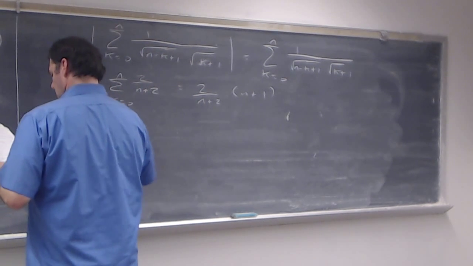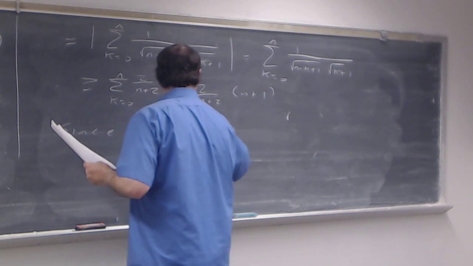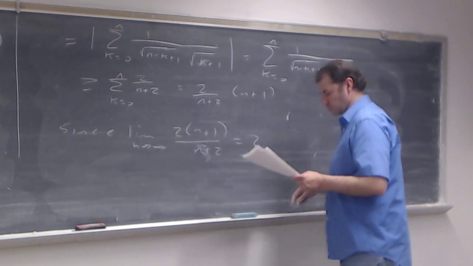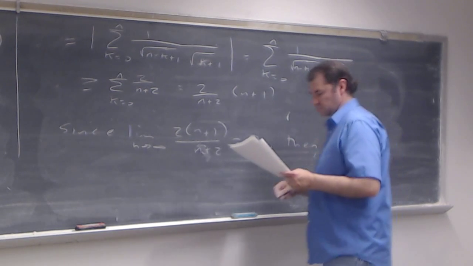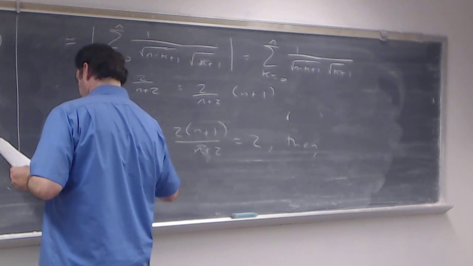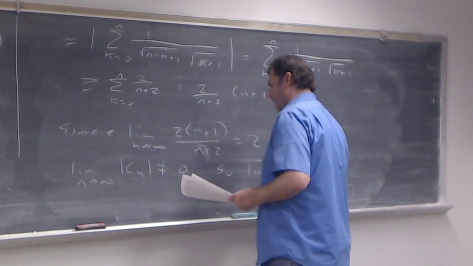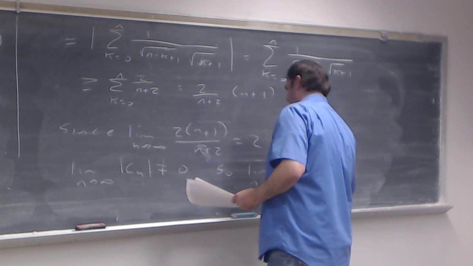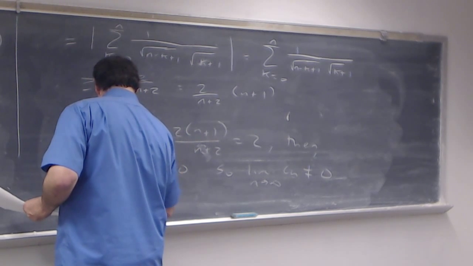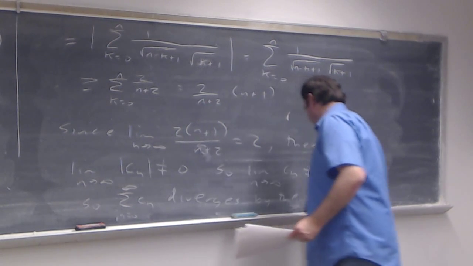Since the limit as n goes to infinity of 2(n + 1) over n + 2 equals 2, which you can do by L'Hopital's rule, the limit as n goes to infinity of the absolute value of c sub n can't be 0, because it's bigger than this. So the limit of c sub n can't be 0, and so the sum of the c sub n's as n runs from 0 to infinity diverges by the divergence test.